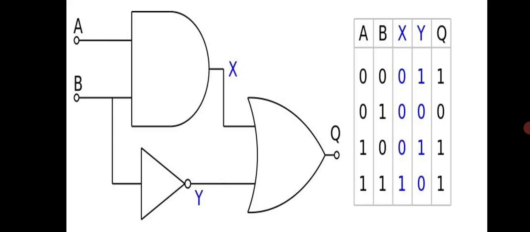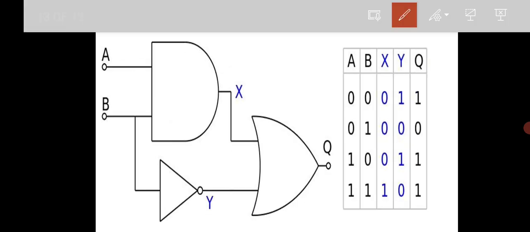Here we have a situation where we have combined 3 gates. We have an AND gate, a NOT gate, to produce an OR.